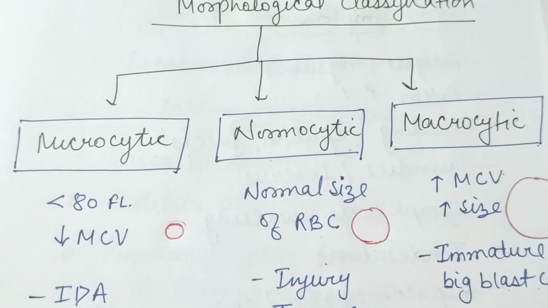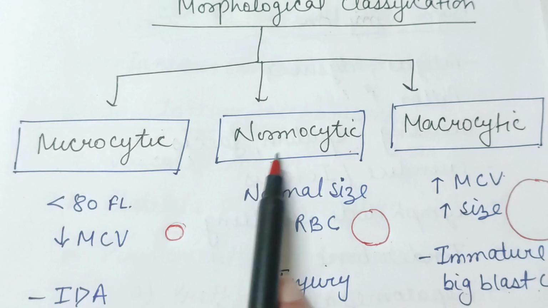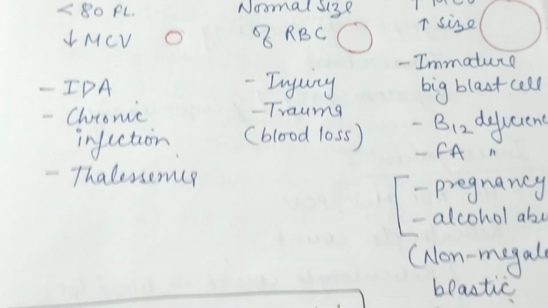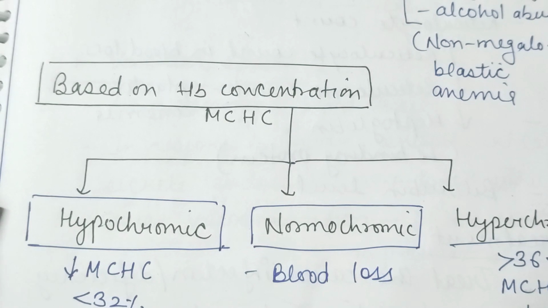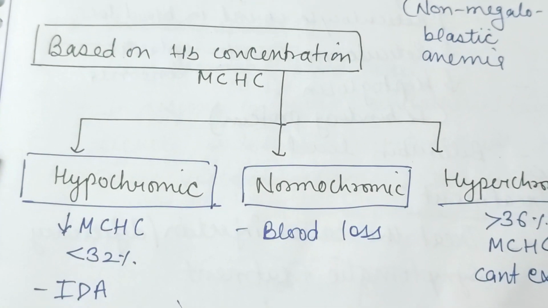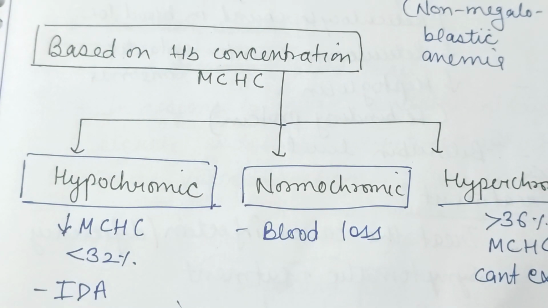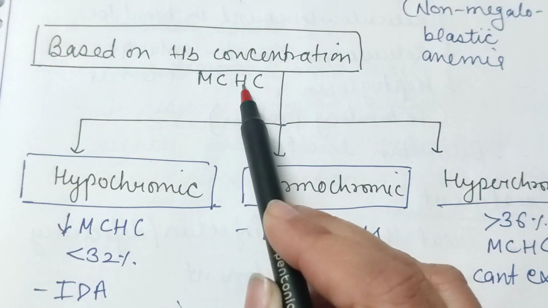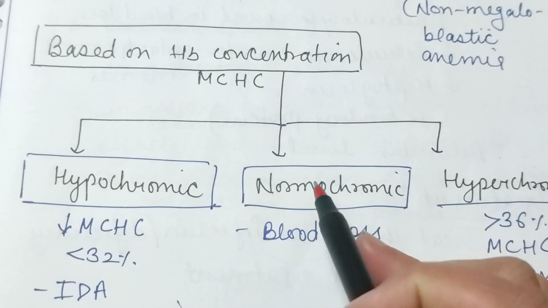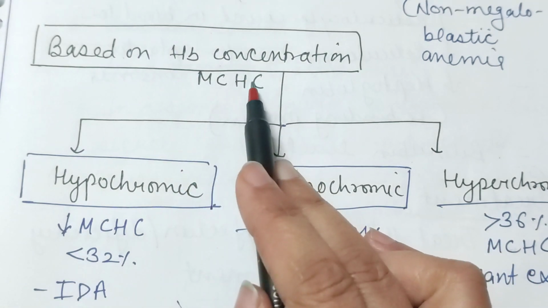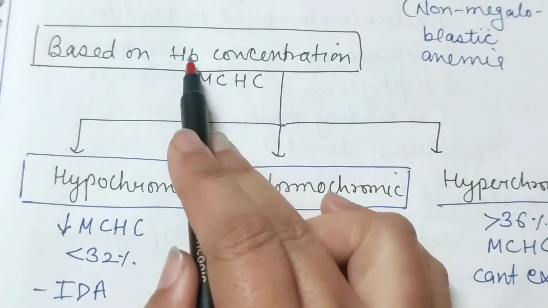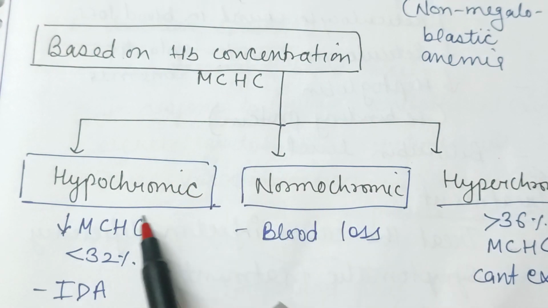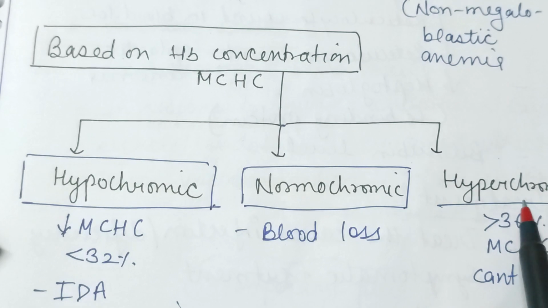So macrocytic, normocytic and microcytic is the classification of anemia based on size only. What about color then? Color of RBC is because of hemoglobin concentration, and the best parameter to assess is MCHC, mean corpuscular hemoglobin concentration. Based on MCHC value, or how much hemoglobin the RBC has, it can be divided into 3 types: hypochromic, normochromic and hyperchromic.